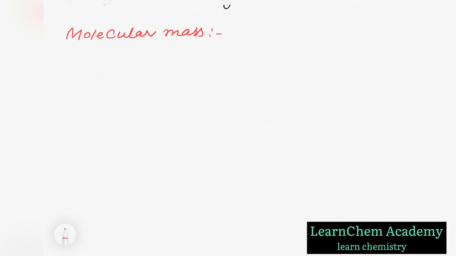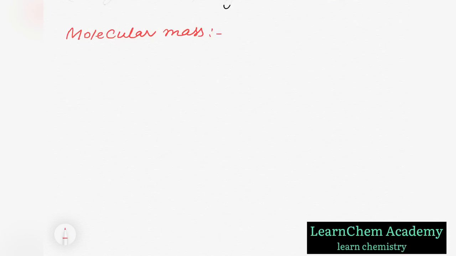The mass possessed by one molecule is called molecular mass, or we can say that molecular mass is the sum of the atomic masses of all the elements present in the molecule. That will be the molecular mass.